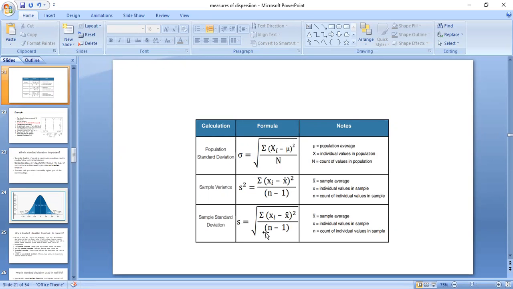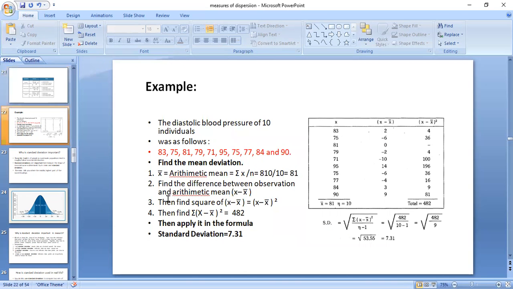It means that the total number of observations is subtracted by 1, and the sample variance is the square of the standard deviation, as it is indicated by s square. And if we take the square of this standard deviation, the square will cancel the square root. So this will be the formula of the sample variance.